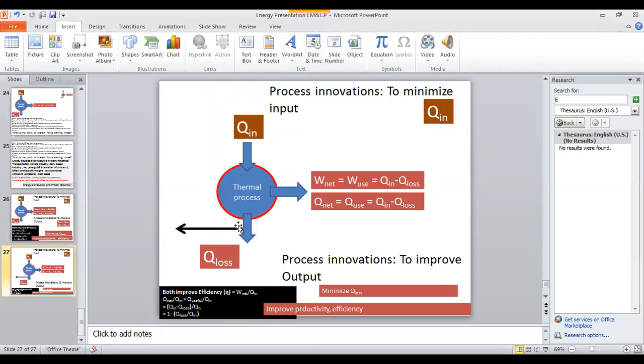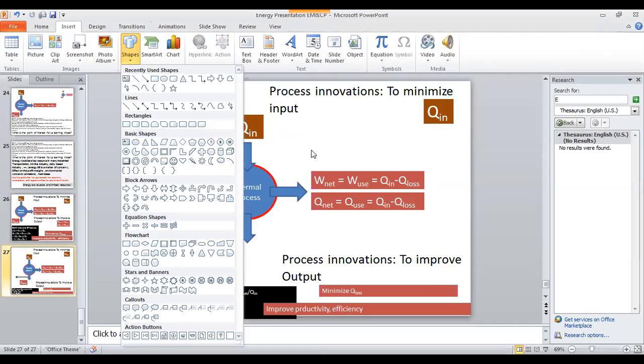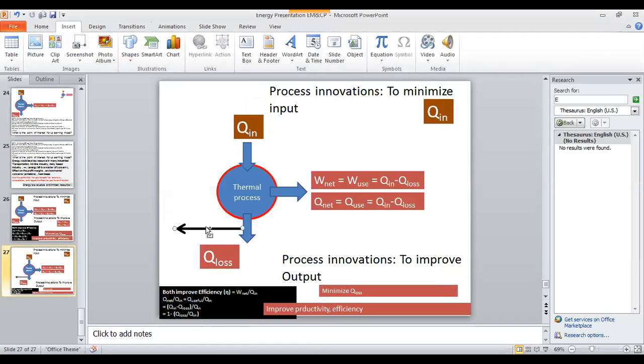And perhaps this portion of the energy you tapped, you are bringing back to the process.